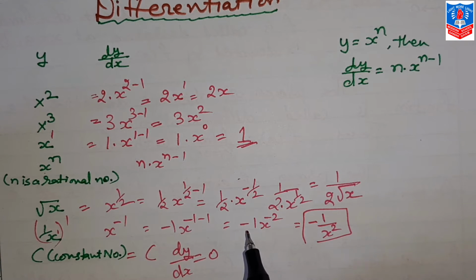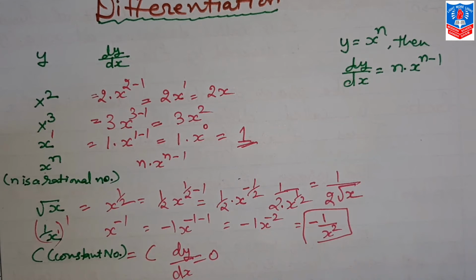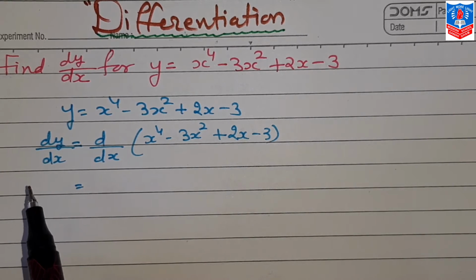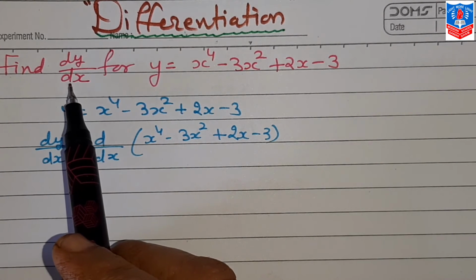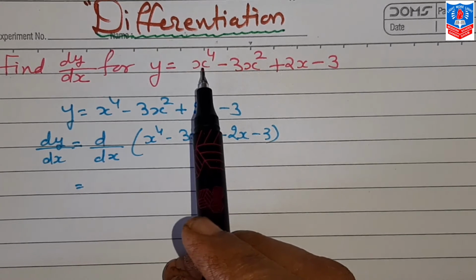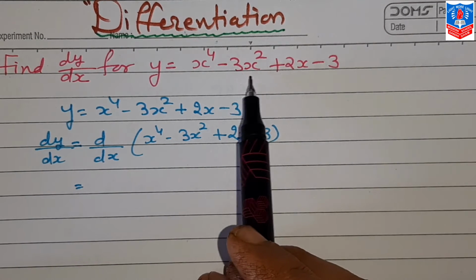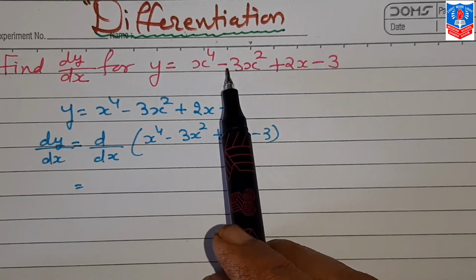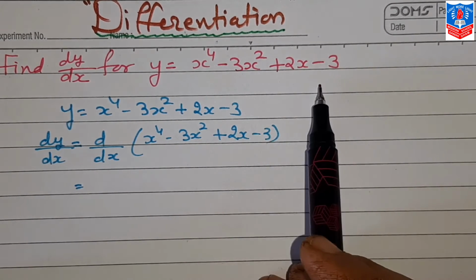First sum where addition and subtraction both are given together. Now the question is, find dy upon dx for y is equal to x raised to 4 minus 3x square plus 2x minus 3. Now here you can see plus and minus values are together.